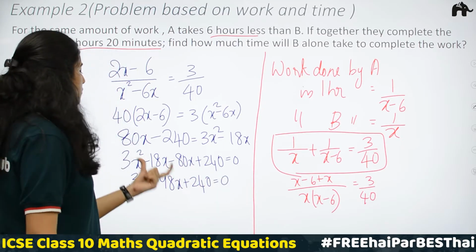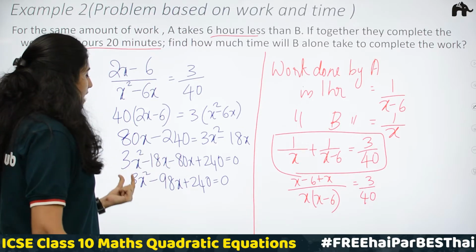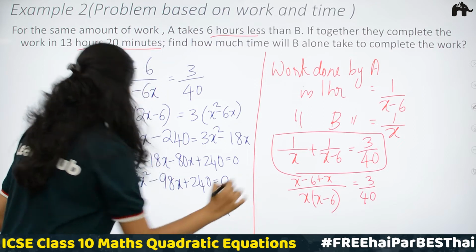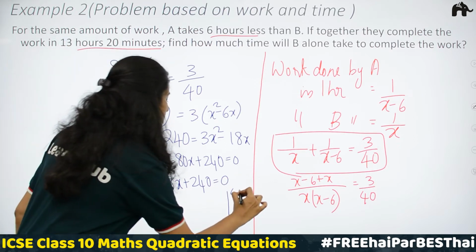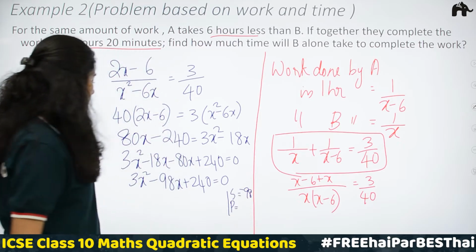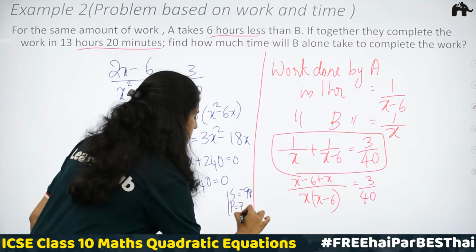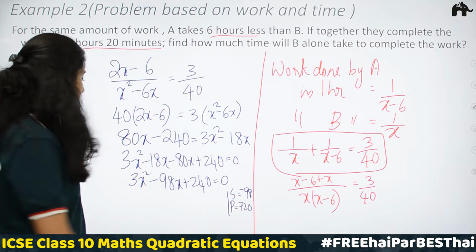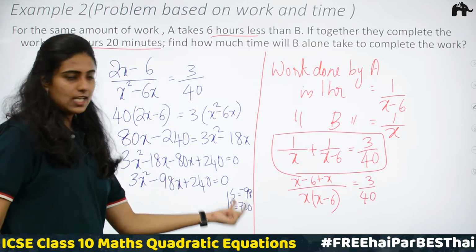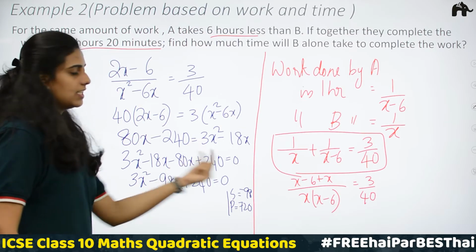Now, we have to factorize this, splitting the middle term. Here, we have to get two numbers such that the sum of the numbers is equal to minus 98 and the product must be equal to 240 into 3, that is 720. When you multiply 90 and 8, we get 720 as the product. Minus 90 minus 8 is minus 98.